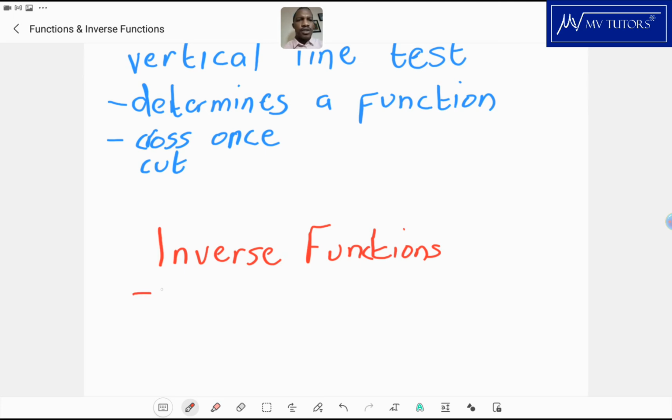First of all, you need to swap x and y. Where there's an x, you put a y. Where there's a y, you put an x. And then you make y the subject of the formula.